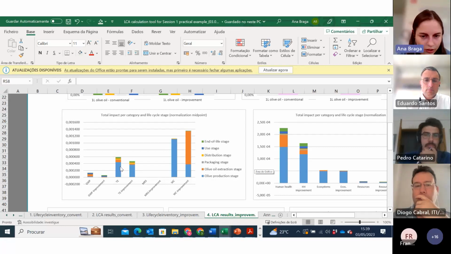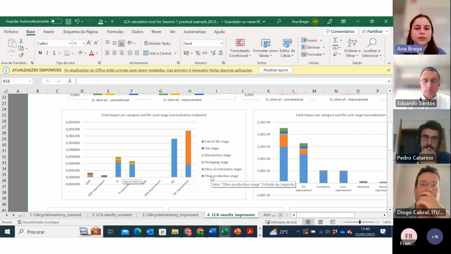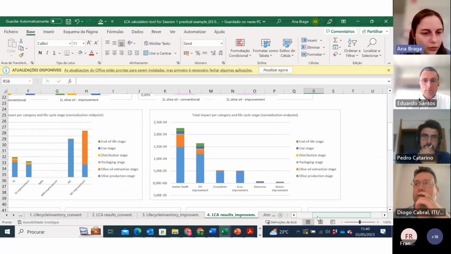The olive production here and the oil extraction reduced a little bit, but in water consumption, okay, the 50% decrease in irrigation was good, but something happened here in olive oil extraction that causes this raising in water consumption.